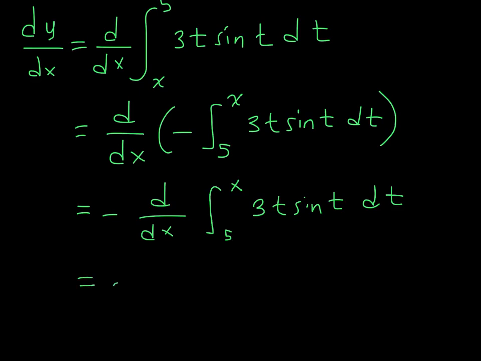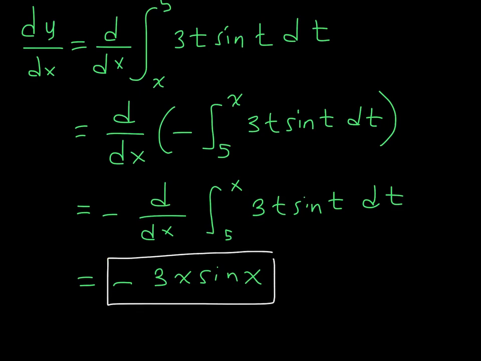So then this is equal to the opposite of, now remember all we need to do is evaluate our function at this upper limit. So then this is 3x sine x, and it's the opposite thereof. So very good. All right, cool. Now let's look at another one.